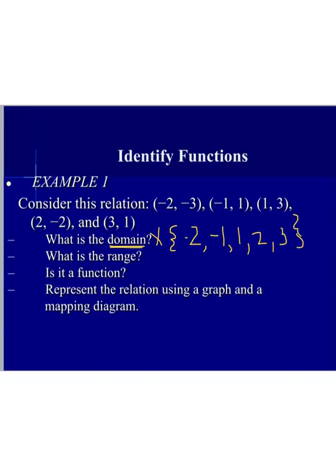Okay, and then what is the range? Well, if you remember, the range represents your y values. So we're going to look at the y values and do the exact same thing. We want to list them in order from least to greatest. The least y value is -3.